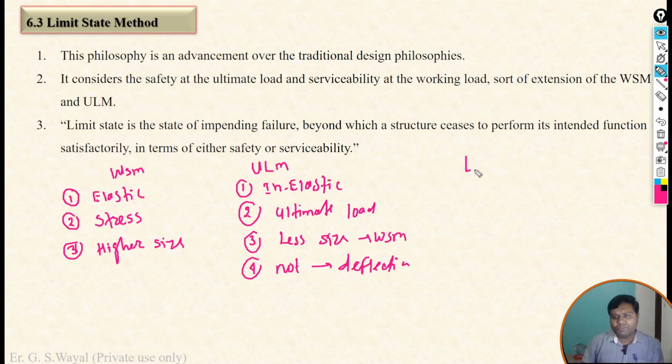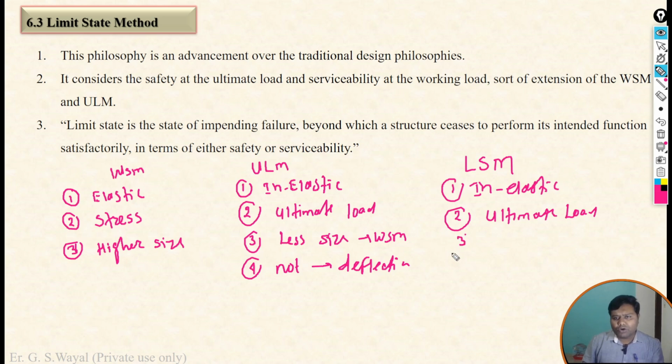And in the limit state method, we consider the elastic region, and the load is also ultimate. Then obviously we get smaller sizes as compared to the working stress method.